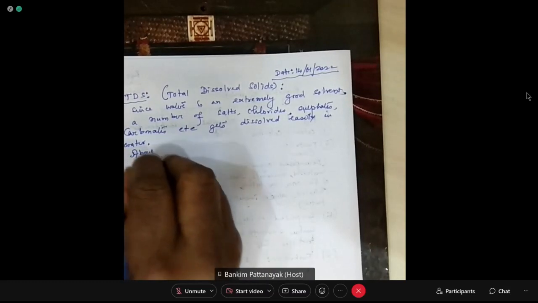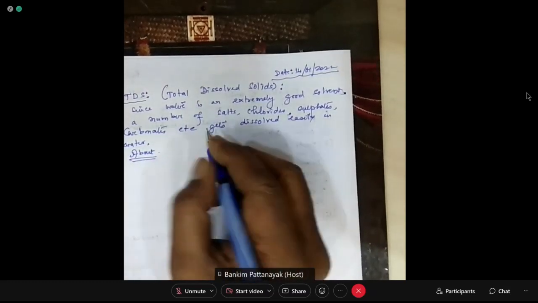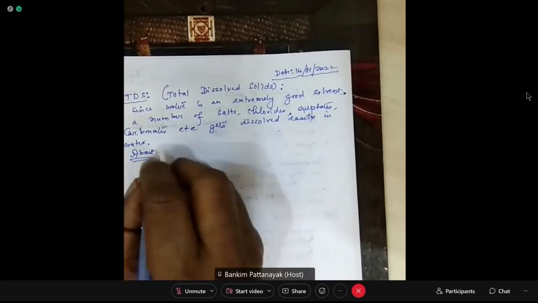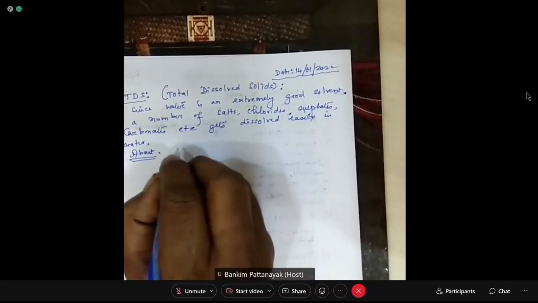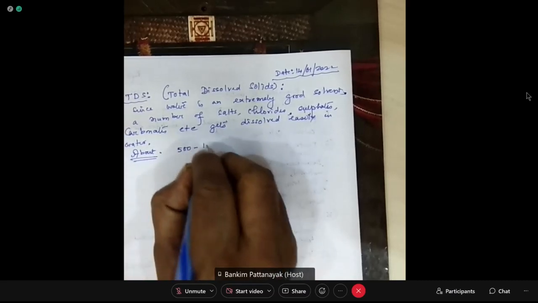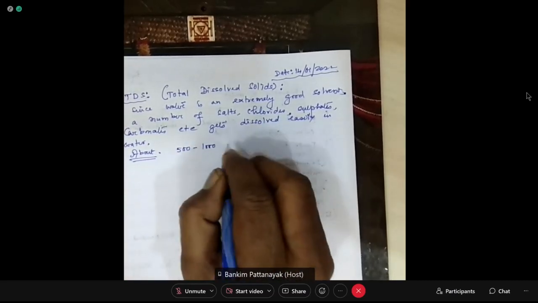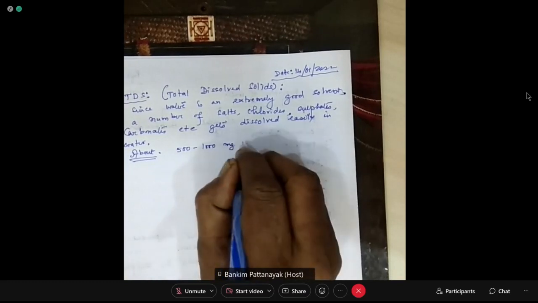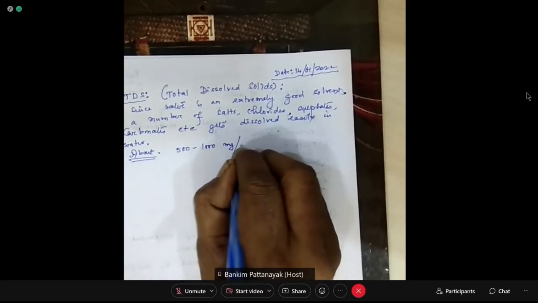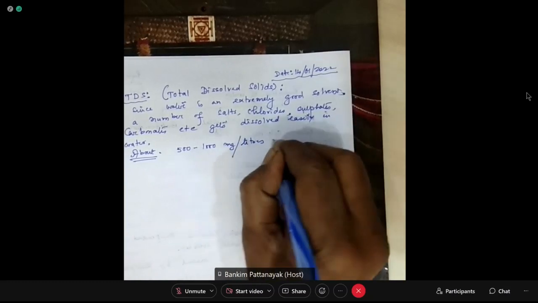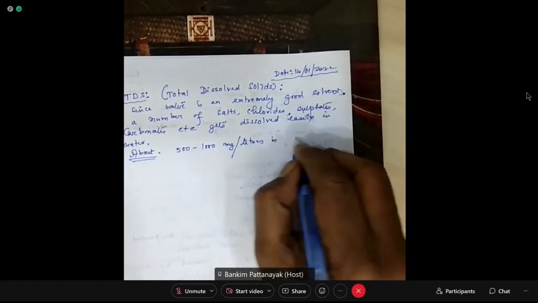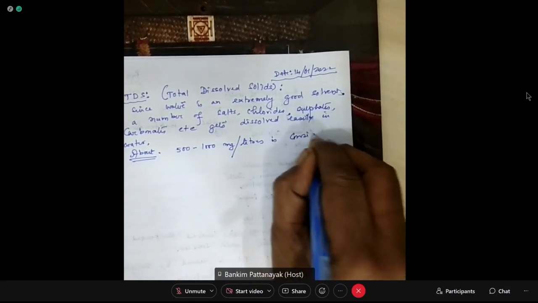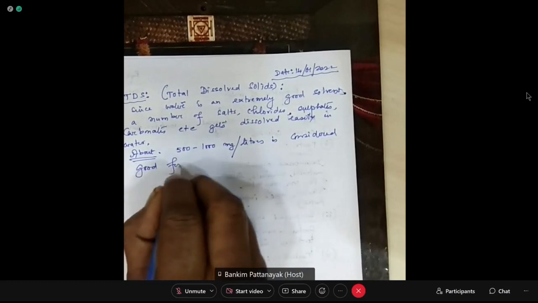A TDS value of about 500 to 1000 milligram per liter is considered good for domestic use.